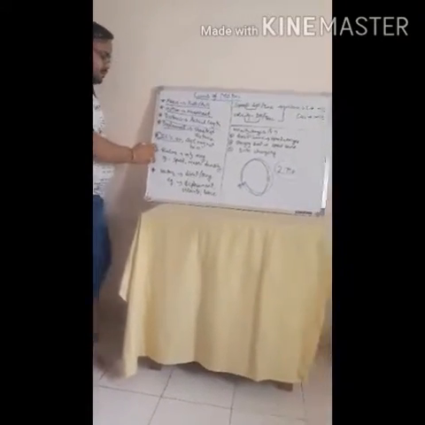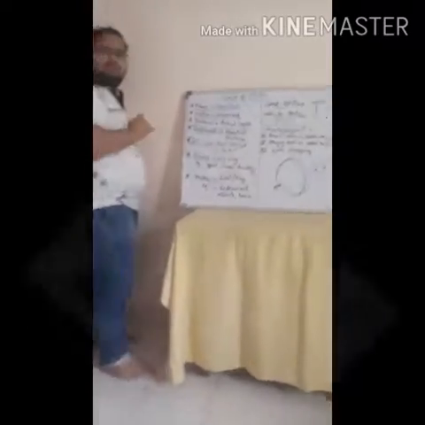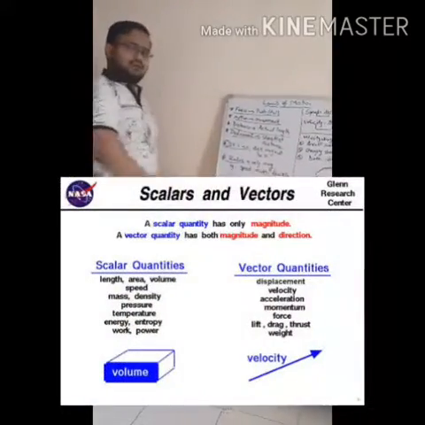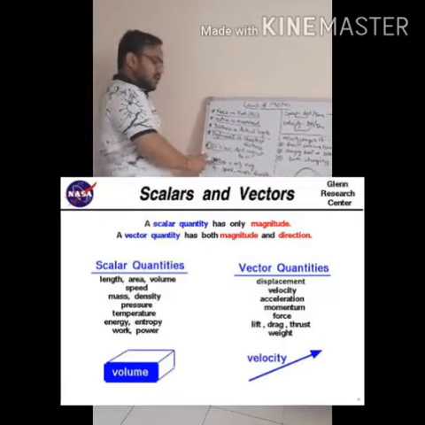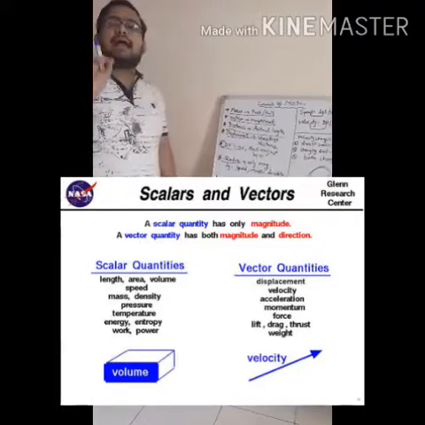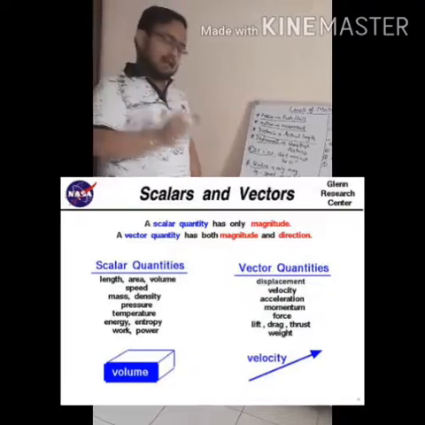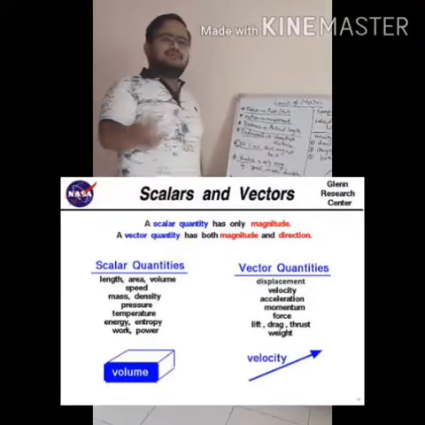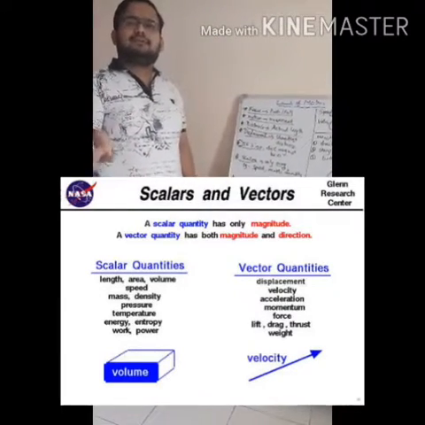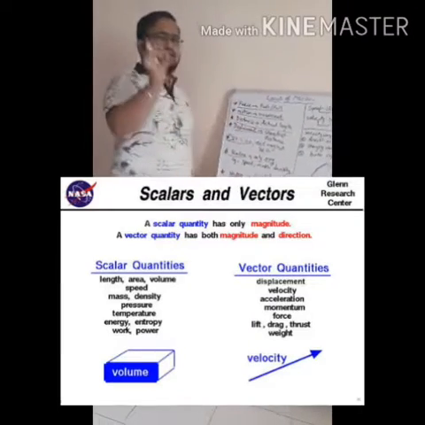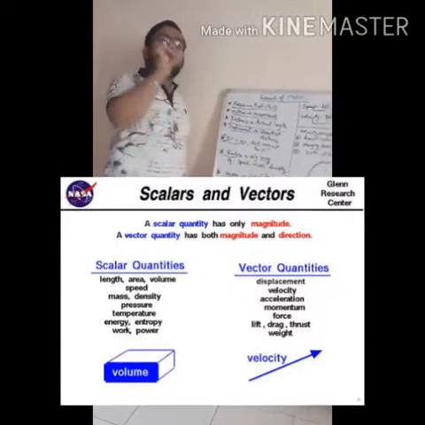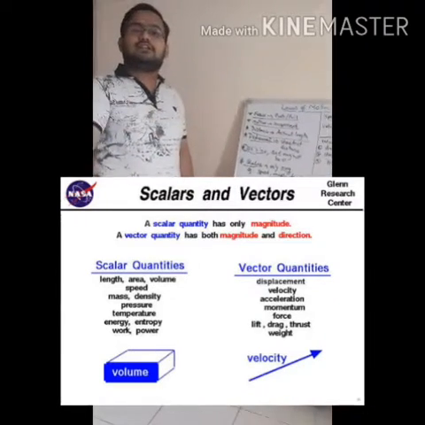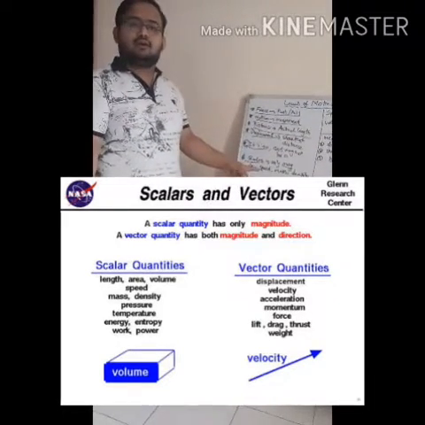Now, scalar and vector. We have studied it from 7th standard. Scalar quantity means only magnitude is there. Magnitude means distance: 5 meters, 10 meters, 12 meters. Scalar is described only by magnitude. There is no direction mentioned in scalar quantities.